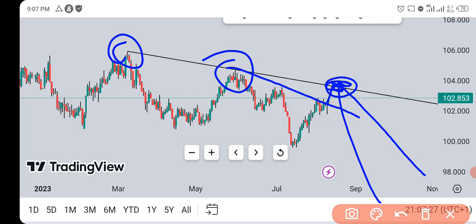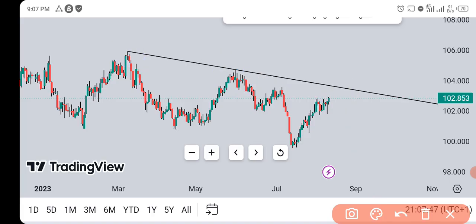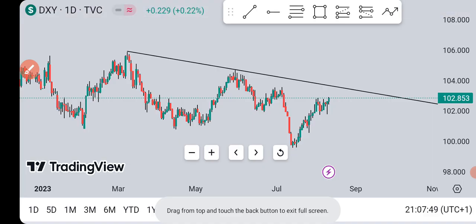Take it slowly. I prefer to take 2 trades in a week, lose 1 and win 1, than to take 10 trades and lose 8 and win 2. That's trash, man. So this is our major trend.